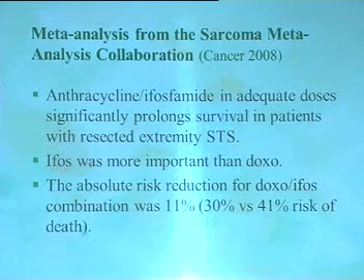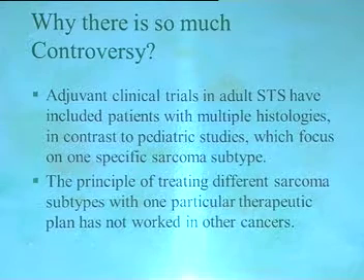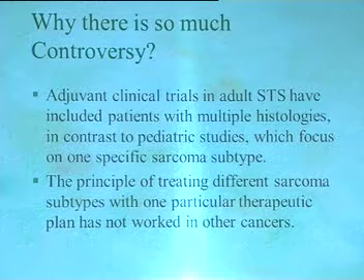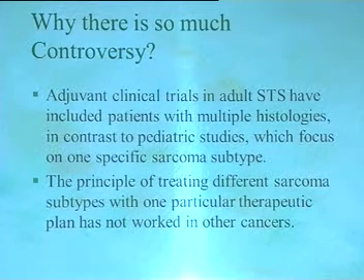So the role of adjuvant was there in the meta-analysis. The reason why the controversy is there is because all the trials tend to include all soft tissue sarcomas in one basket, and then the question is asked, is it bringing any benefit or not?